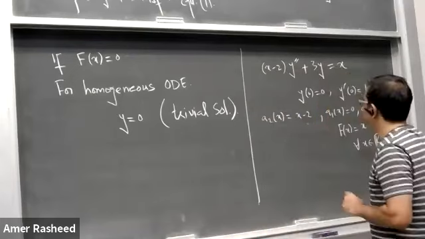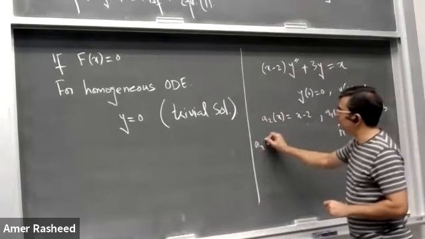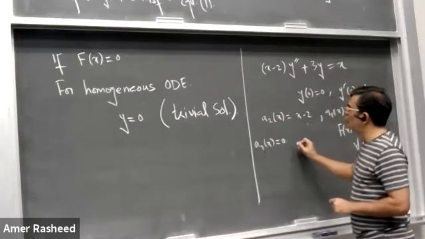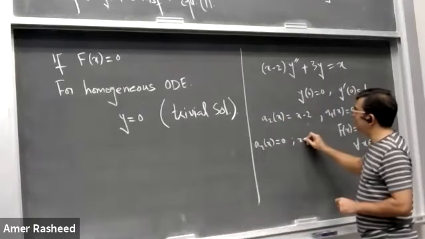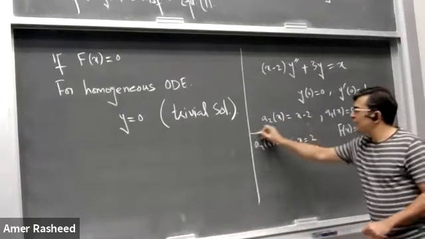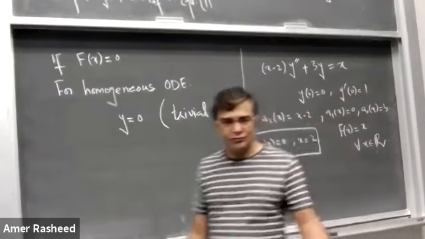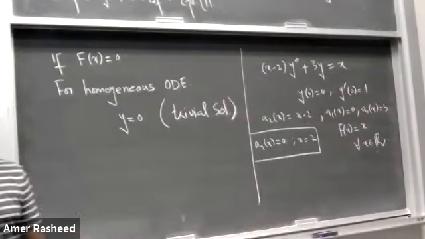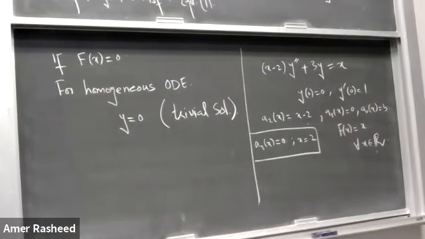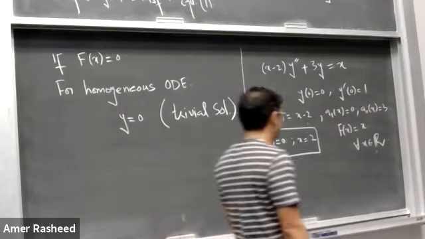But a2 of x is 0 when x is 2. So this problem doesn't have a unique solution on R, because it is 0 at some particular value of x, which is x equal to 2. It should not be 0 for any value of x.